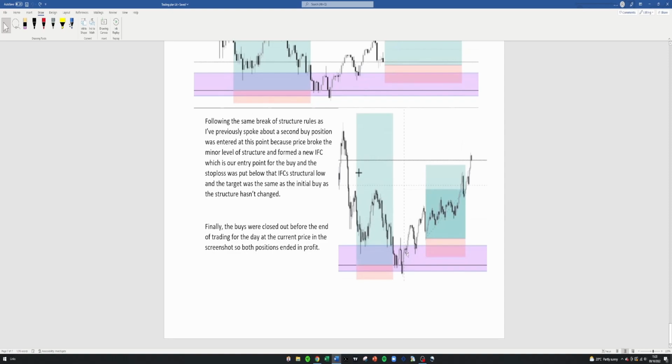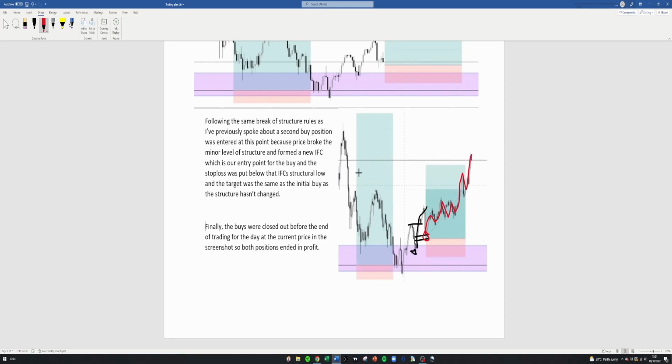And then once price retests that, in our case here, you can trade from that, and you'd always have your stop loss just below that institutionally funded candle's structural low, or high if you're selling. So as we can see here, price came down, formed the institutionally funded low, had a buy off, broke structure, and then we had our IFC area and then our entry, and then we traded off.